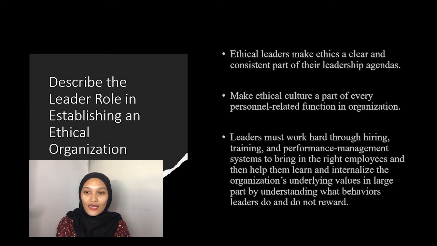For example, leaders must work hard through hiring, training, and performance management systems to bring in the right employees, and then help them learn and internalize the organization's underlying values, in large part by understanding what behavior leaders do and do not reward.